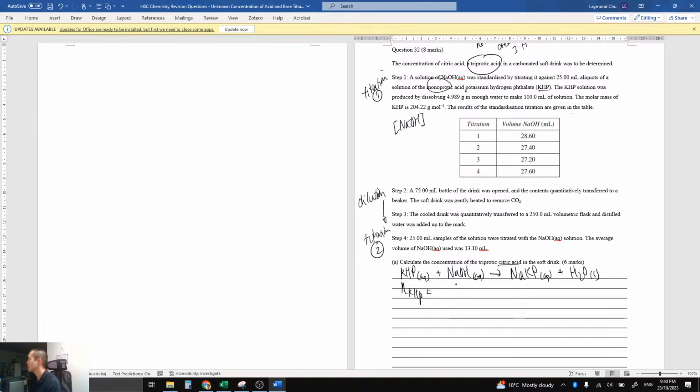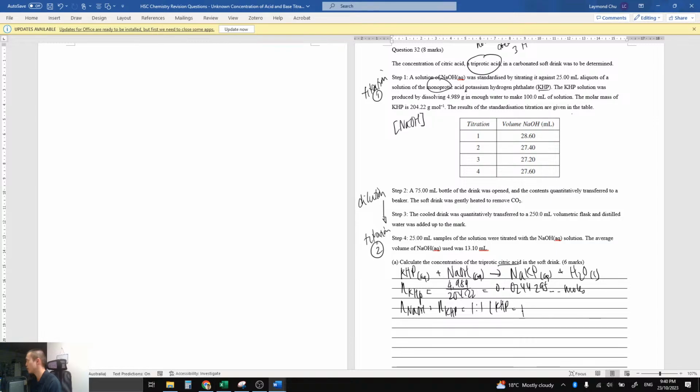Lovely. 4.989 over 204.22, which is 0.0244295... moles.